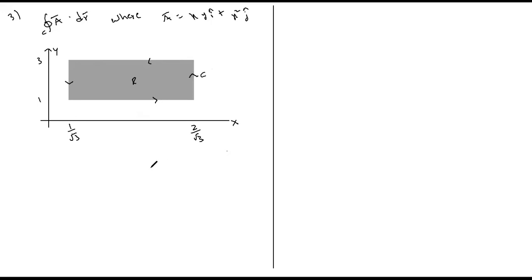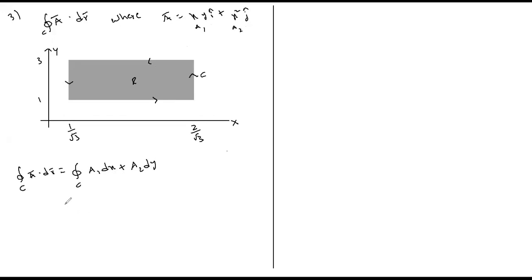Okay, so you're asked to find the integral a bar dot dr bar. So the integral over C of a bar dot dr bar is equal to the integral over C of a1 dx plus a2 dy, right? What is a1? A1 is the first component of a bar, a2 is the second component of a bar.